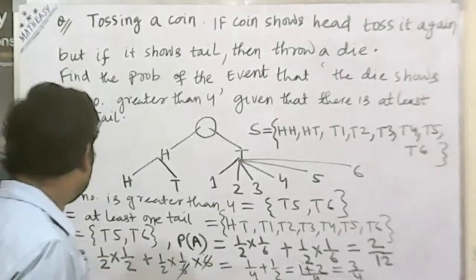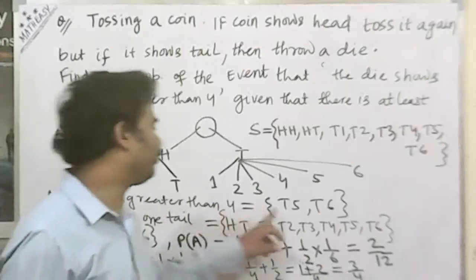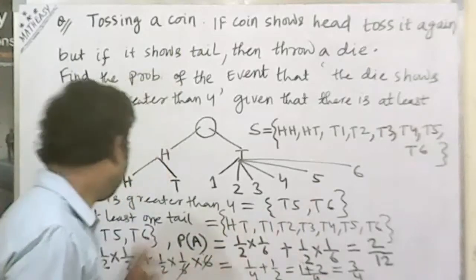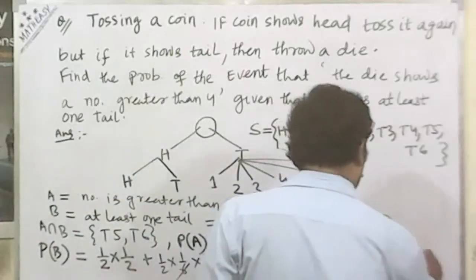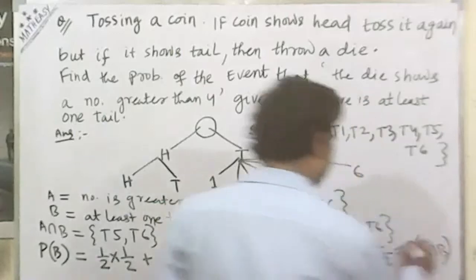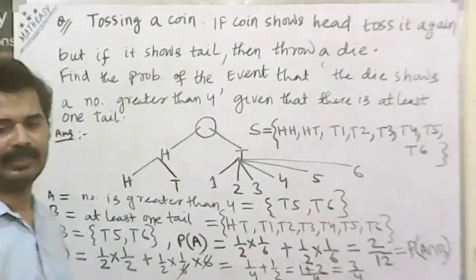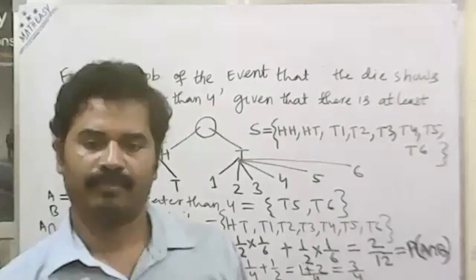Probability A intersection B, the value is the same thing as probability of A: T5, T6, T5, T6. That's why probability of A is equal to probability of A intersection B.